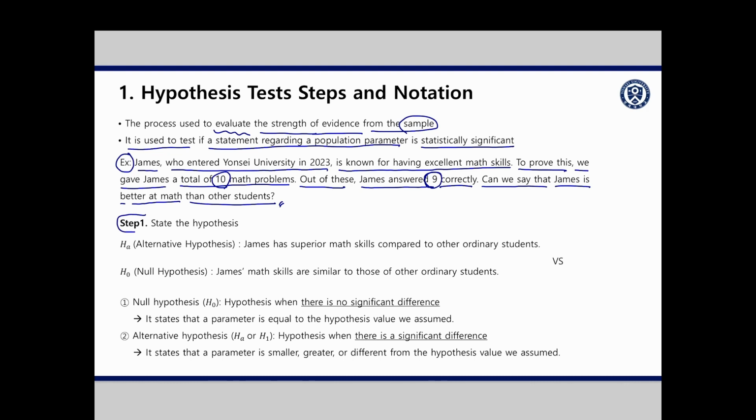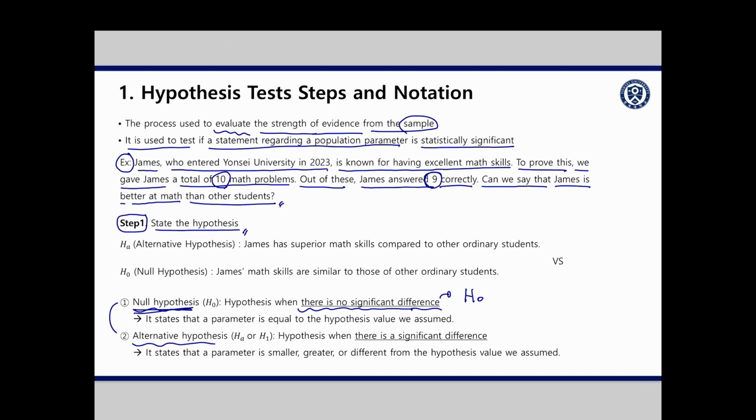Step 1: State the hypothesis. A hypothesis can be divided into a null hypothesis and an alternative hypothesis. The null hypothesis is the assumption or claim that there is no significant difference, and we denote it by H0.